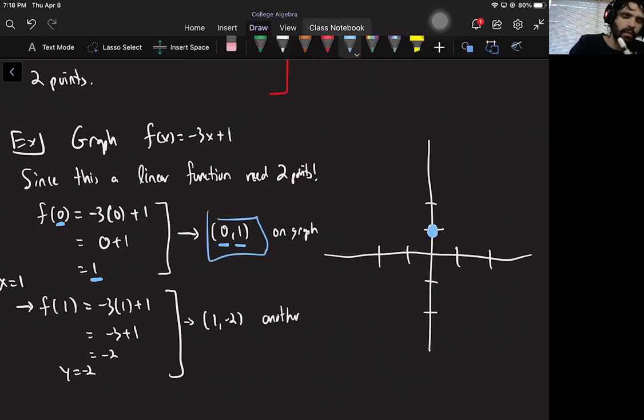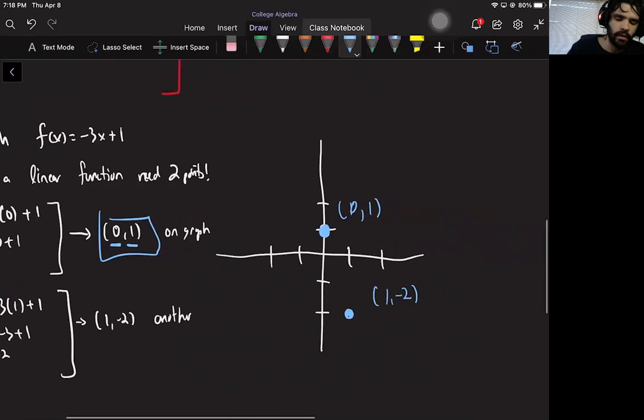And then 1, negative 2. Oops. So I'll label it. 1, negative 2. I go over 1 to the right, down 2. And then I do my best. That's all any of us can do. Just do your best. Draw a perfectly straight line. And that's it.